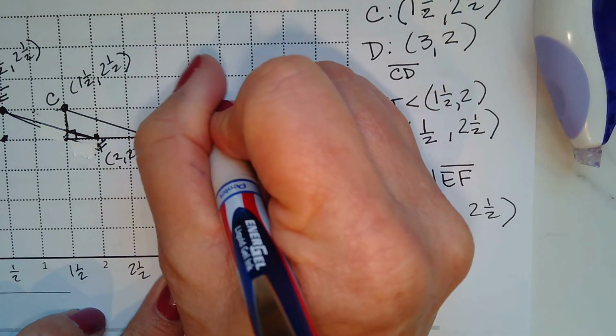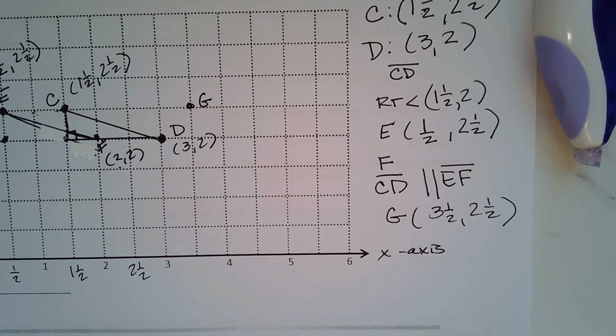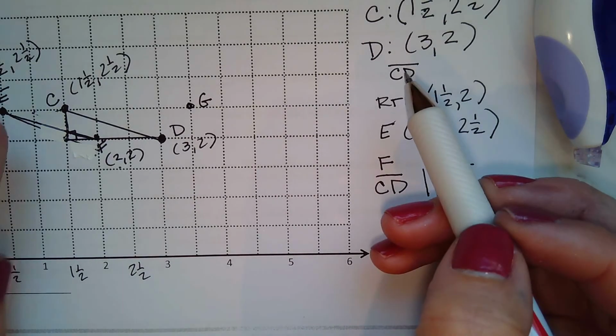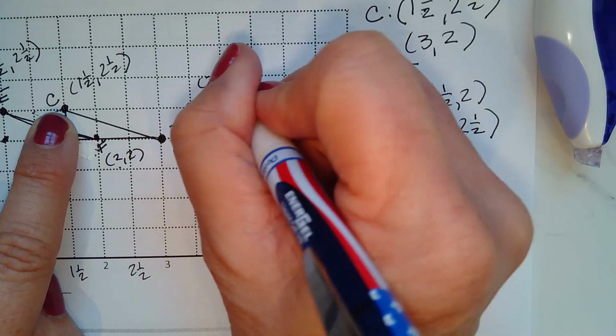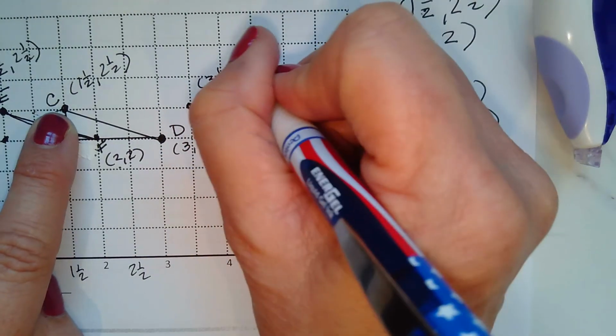That is going to be point G. Now, compare the coordinates of C to point G. So C, so this was 3.5 and 2.5.